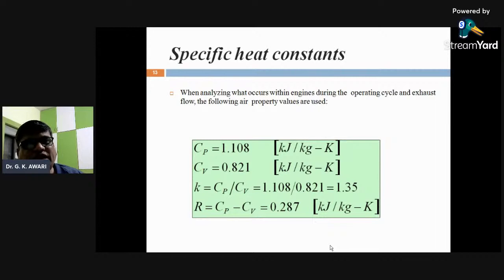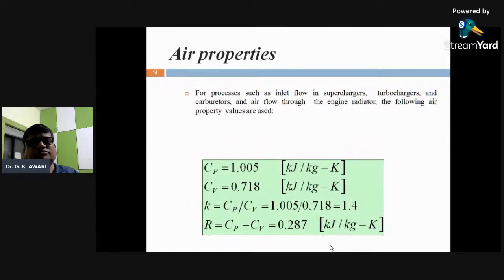You need not remember these values of Cp, Cv, K, and R, because they will be given in whatever numerical there is, and you have to use those values.